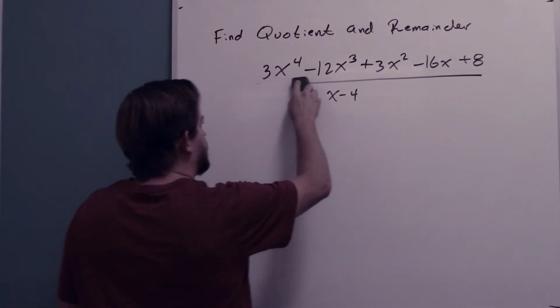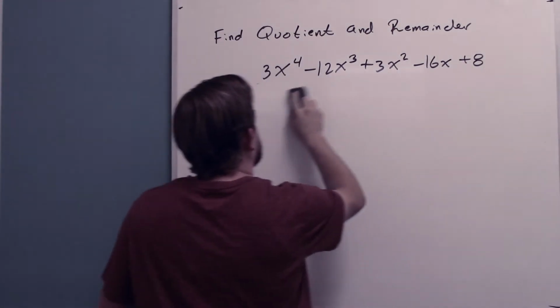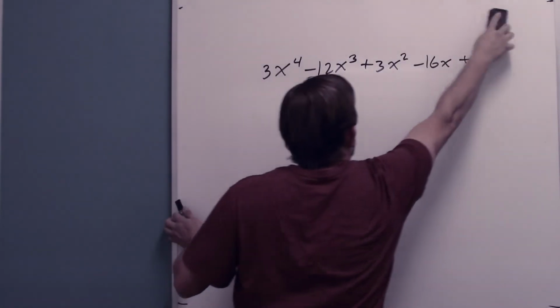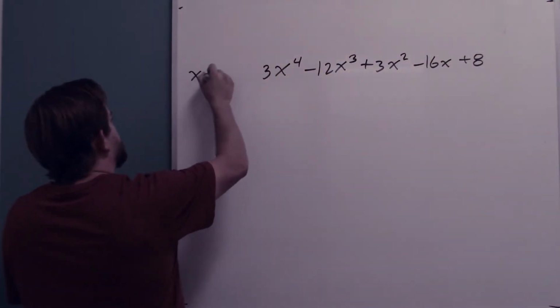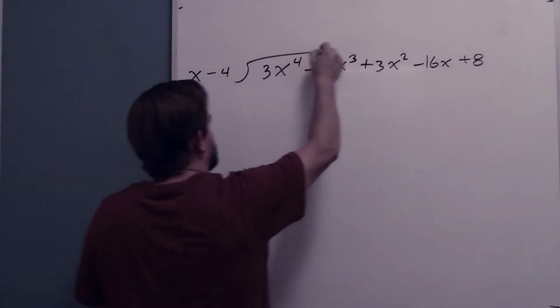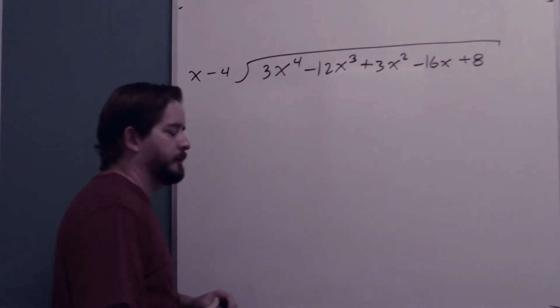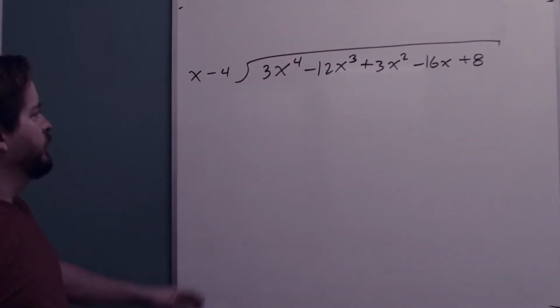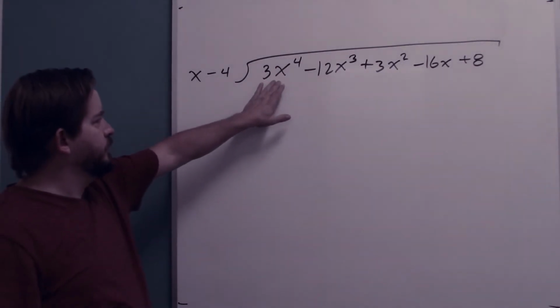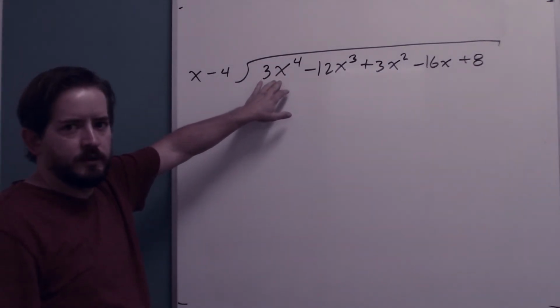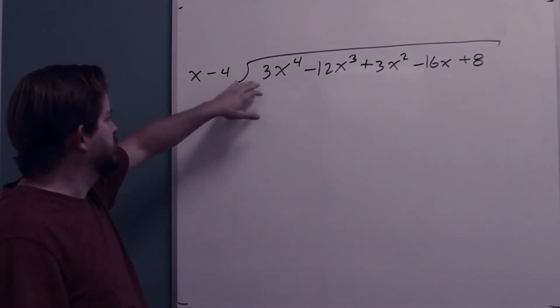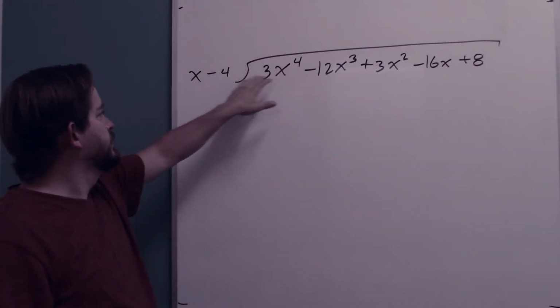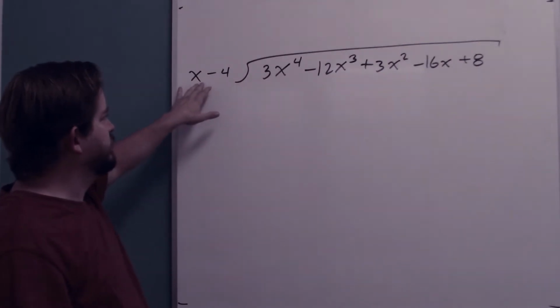So rather than writing this all over, I'm going to cheat and just take that. Okay. The first thing I would do is take the very first term of the dividend divided by the first term of the divisor.